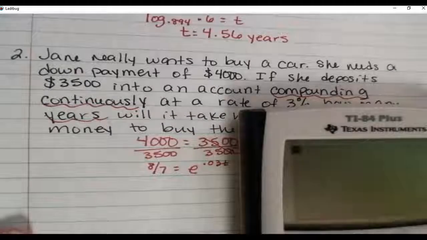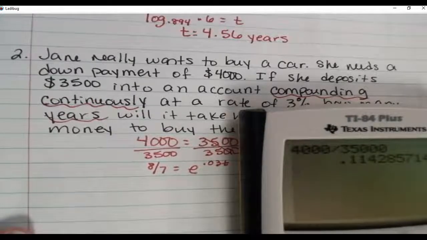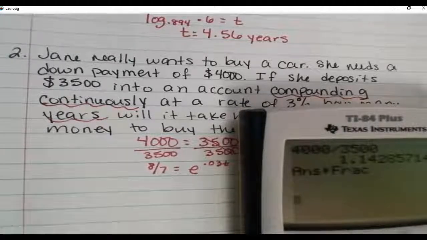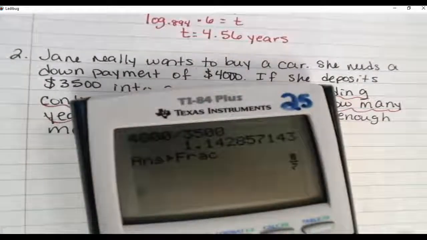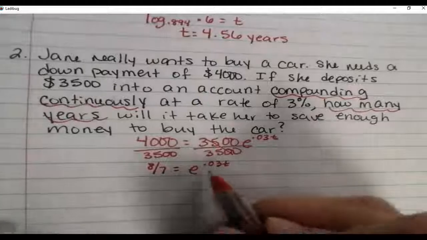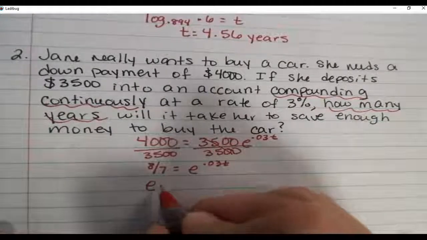So if you divide it, oh, nope. And then you can say math, enter, and it'll make it a nice little fraction for us. Then, again, if you want to put your exponential over here, you can, so I'm going to switch it.